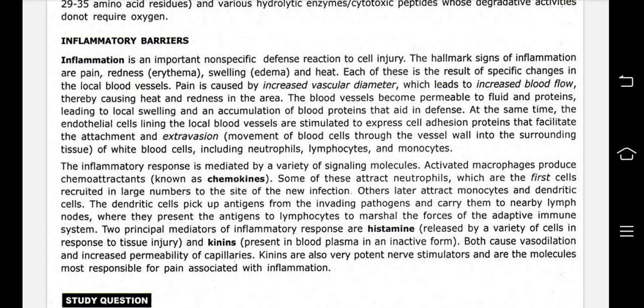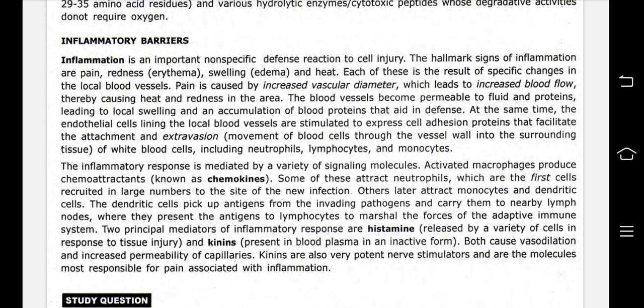Then inflammatory barriers. Inflammation is an important non-specific defense reaction to cell injury. The hallmark signs of inflammation are pain, redness or erythema, and swelling, edema, and heat. Each of these are the result of specific changes in the local blood vessels. Pain is caused by increased vascular diameter, which leads to increased blood flow, thereby causing heat and redness in the area.